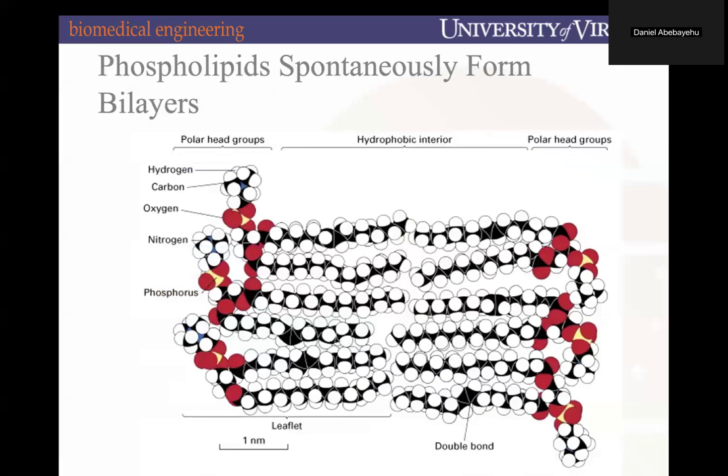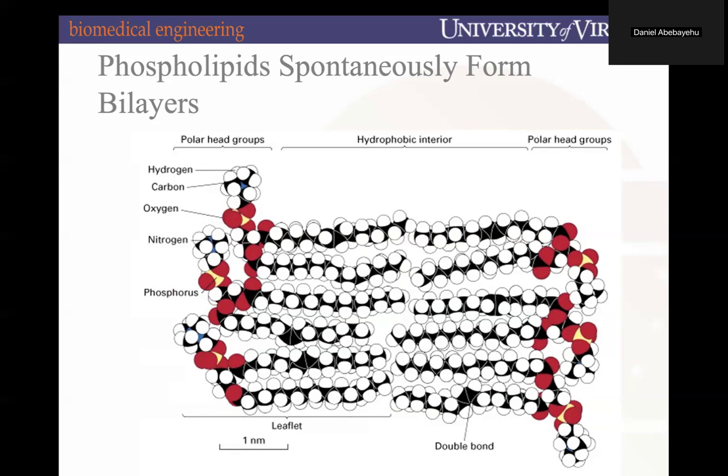So if we had a beaker full of phospholipids within an aqueous solution, what would end up happening is that because of these long hydrophobic fatty acid chains, fatty acid tails, it would create a phospholipid bilayer where these fatty acid chains would orient together, and we'd have the polar heads here that also constitute the phosphate groups, the polar heads on the outside and the hydrophobic tails on the inside.